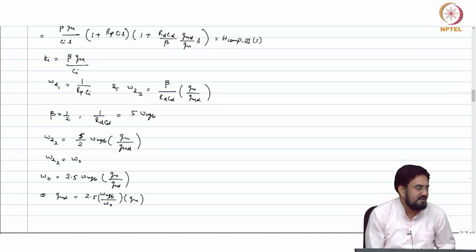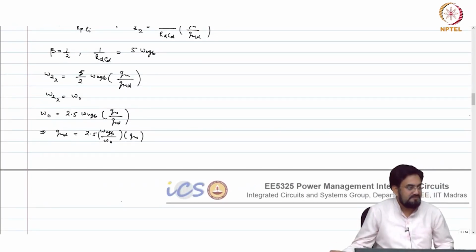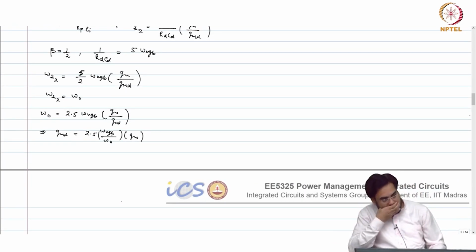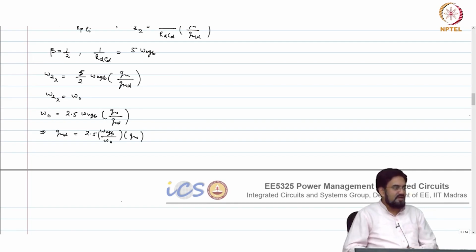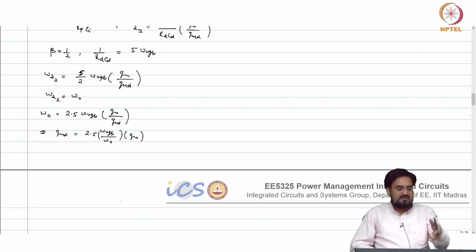So 628 divided by 174, how much is that? 3.6. 3.6 multiplied by 2.5, 9.02, roughly 9 times, or close to 10 times you can say. So if I choose a GM, let's say 1 milli, then that should be 10 milli kind of number.